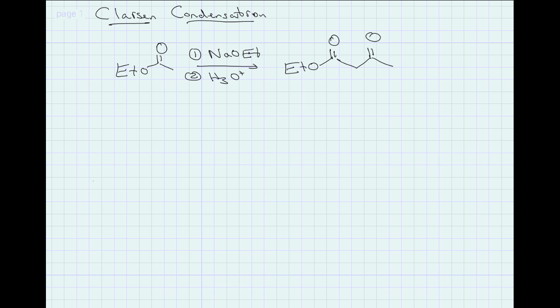So basically what's happening in this reaction is that you're actually deprotonating ethyl acetate. So you can see that you have three acidic protons over here. You're going to remove one of those protons with base, and I won't draw the curved arrows for that part of the mechanism, but we should know that we're going to get an enolate once we deprotonate that proton.